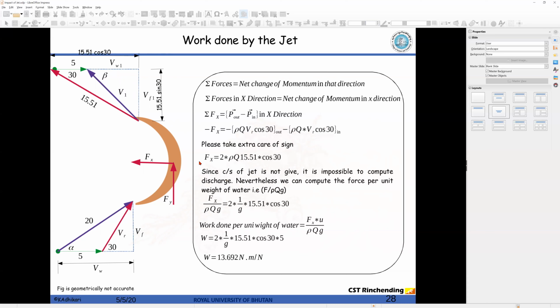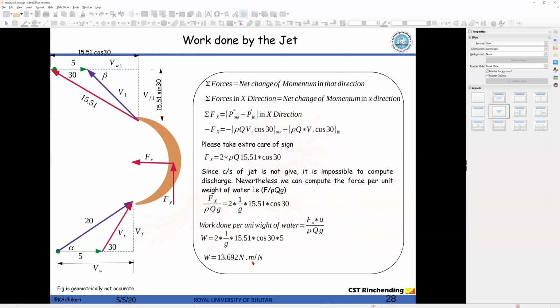If you divide this equation by rho Q g, then rho Q will cancel, and you will have the force divided by g. The work done per unit weight is given by this expression, and you can substitute the values and get the value for work done per unit weight.